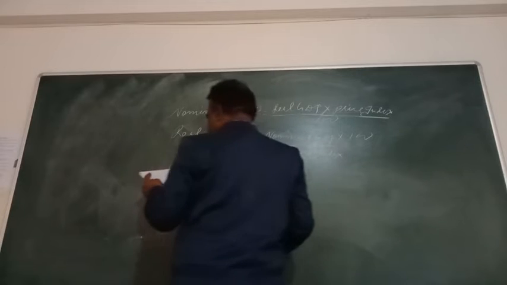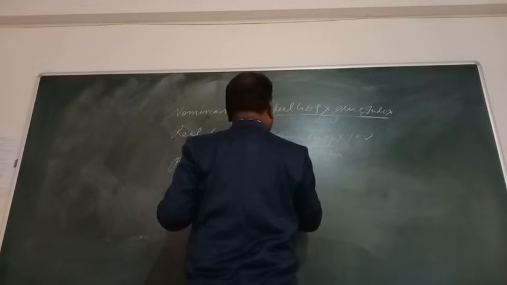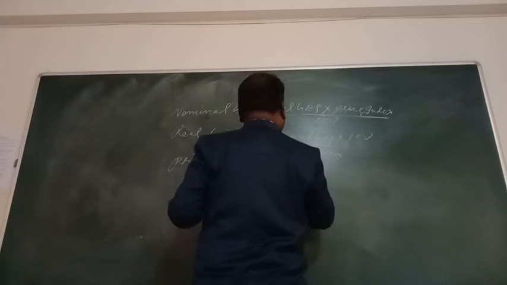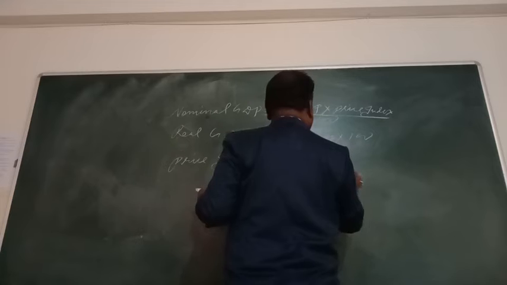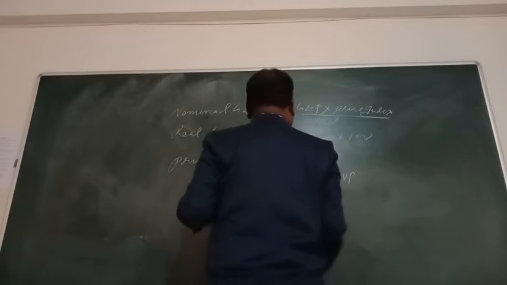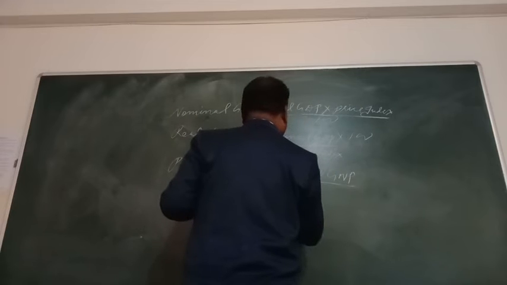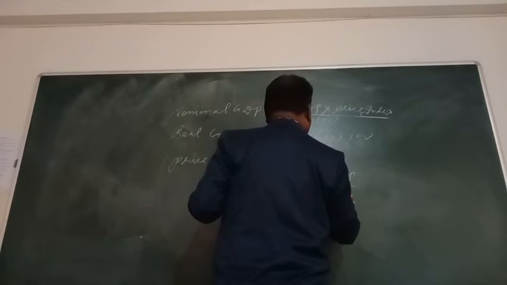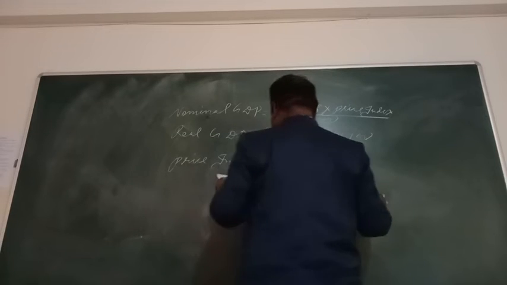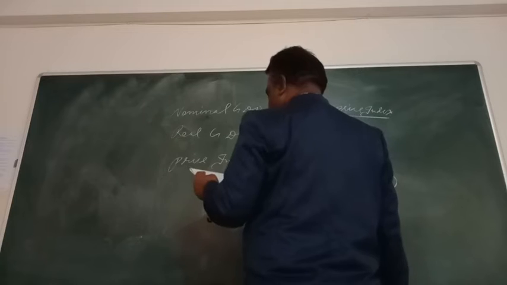The price index formula is nominal GDP upon real GDP, multiplied by 100. Okay, beta?